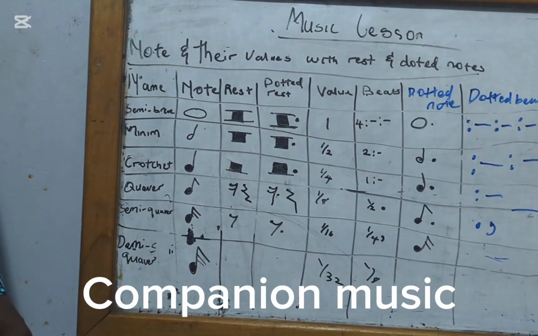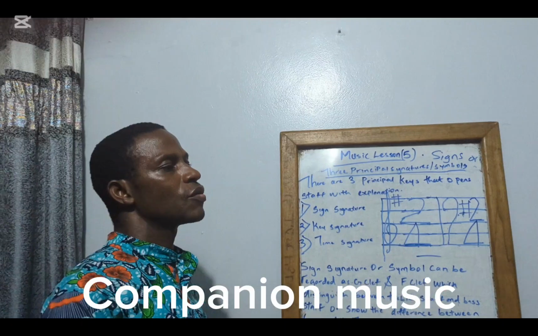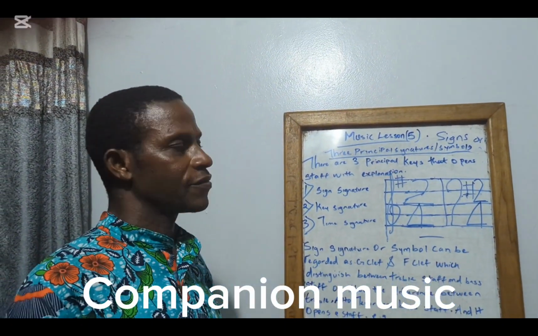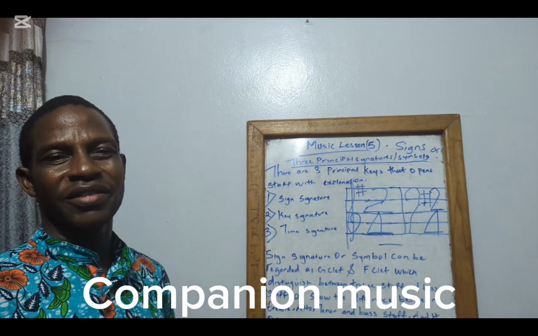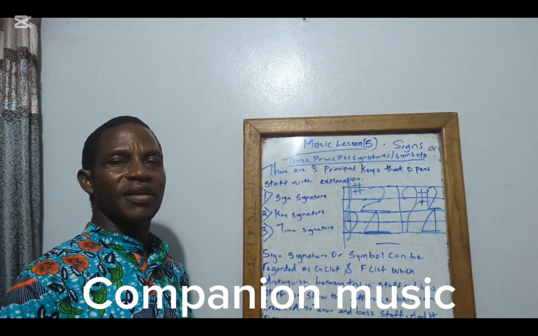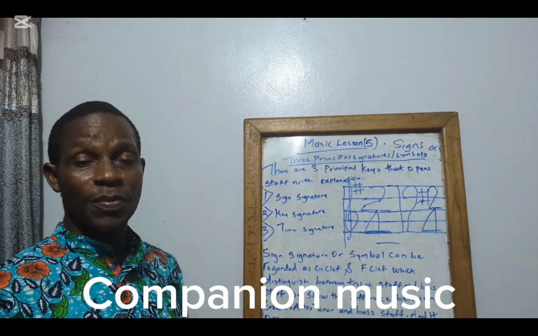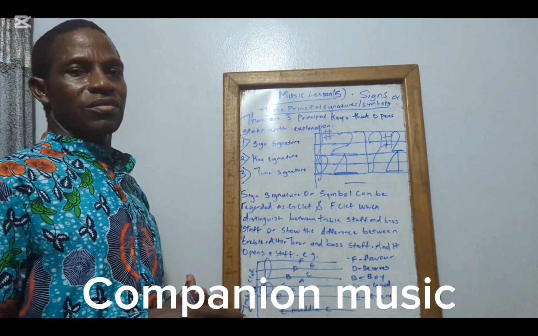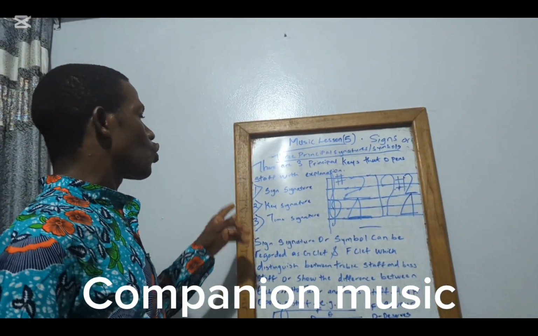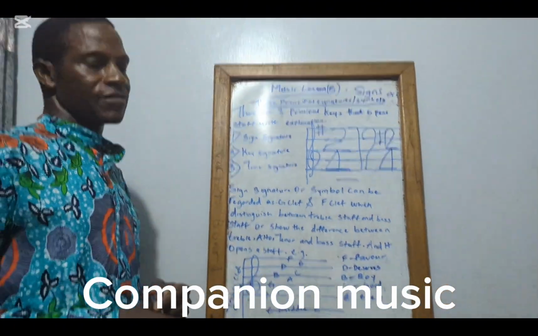Okay. Right now we are in lesson 5 in our music, and we want to talk about the 3 principal keys, signs, symbols or signatures that open the staff.